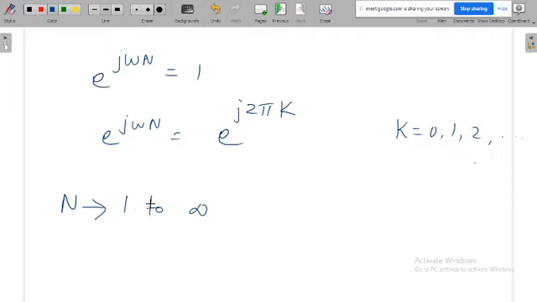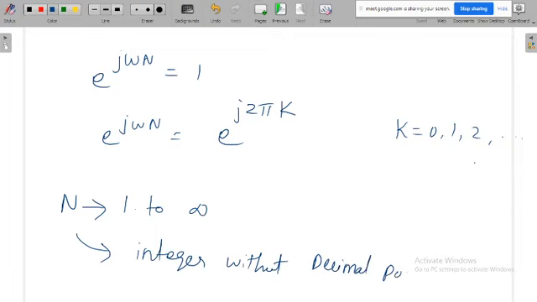You have to understand what we mean by capital N, because you are in the discrete domain, where time is discrete, like 1, 2, 3, 4. So the possible value of N is also from 1 to infinite. That means N is also an integer without decimal point.